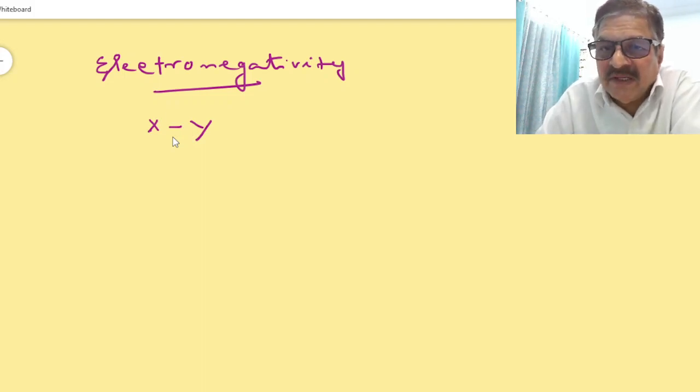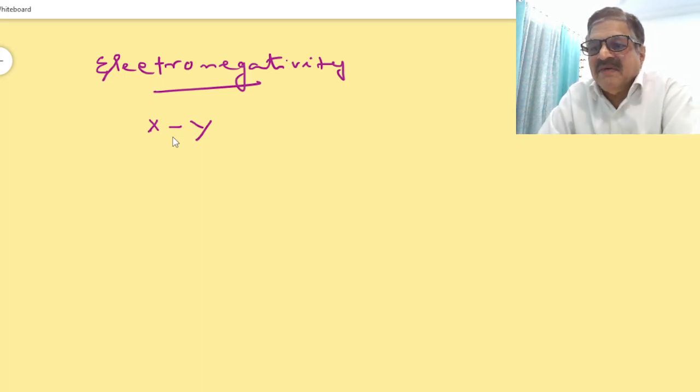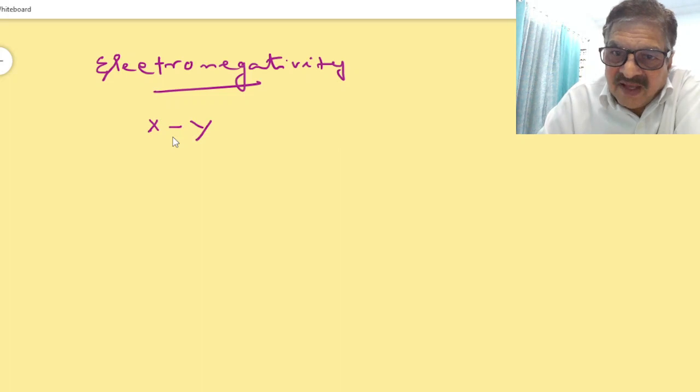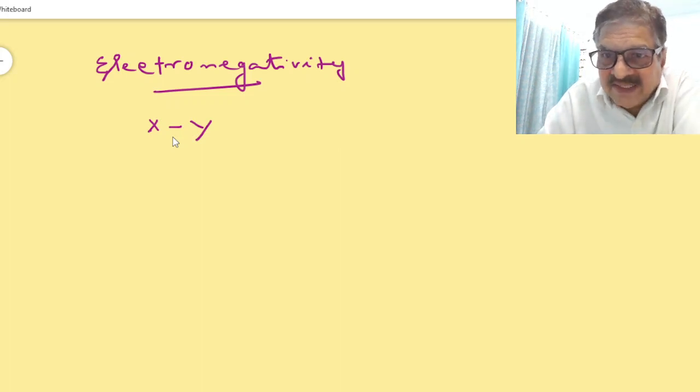If you see the periodic table closely, the most electronegative elements are located at the upper right hand side of the periodic table, and the least electronegative elements are located at the lower left hand side.